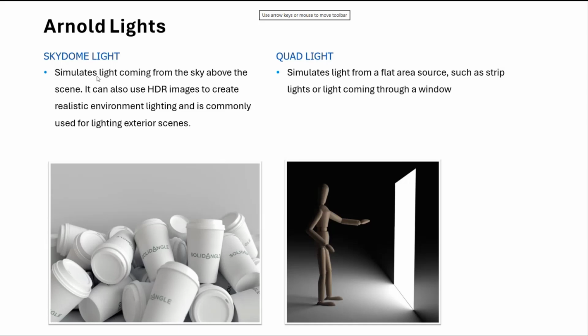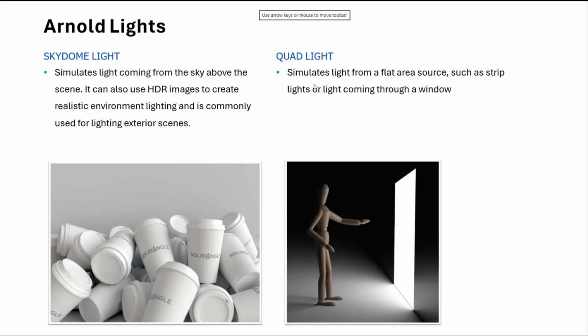It supports HDR images, so you can go to the Poly Haven website, get an HDR image, and use it in the sky dome. Yeah, this is the quad light.